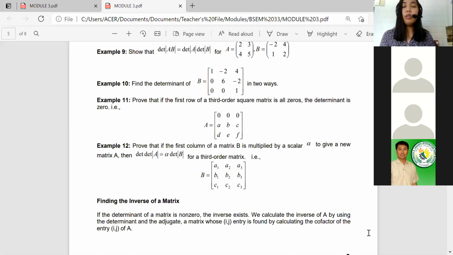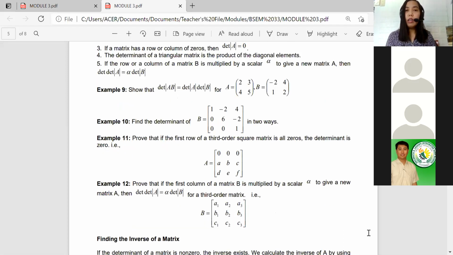Prove that if the first row of a third order square matrix is all zeros, the determinant is 0. So this is what I was saying earlier. If any of the row or column are zeros, the determinant is 0. So let's choose row 1 because it is all 0. 0 multiplied by whatever the product here is, still 0.